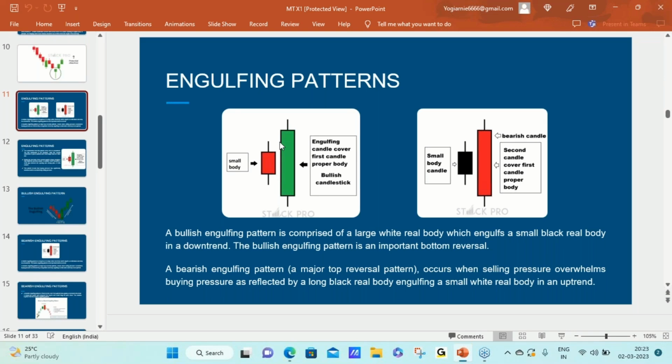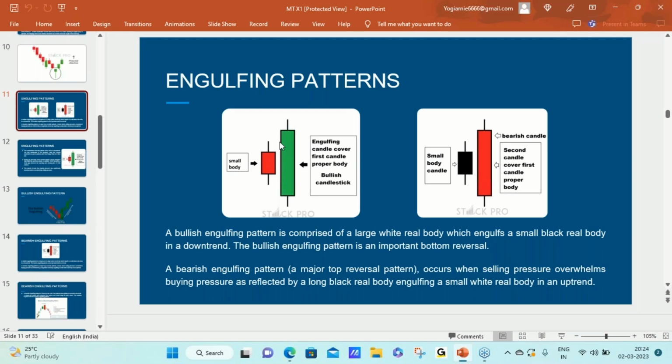So please write down notes for bullish engulfing, because these notes will help you a lot in the long run. Bullish engulfing is a classic example of a bullish reversal candlestick pattern.